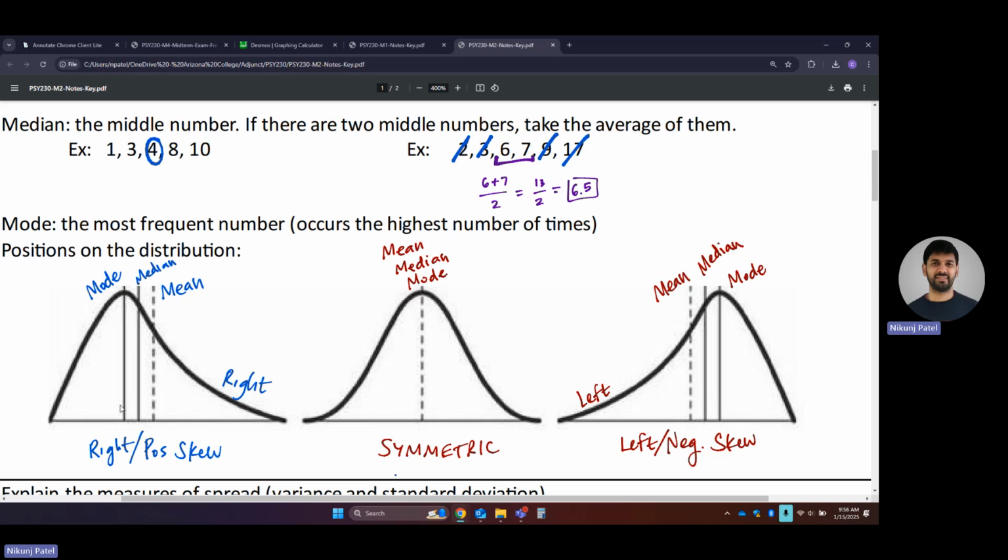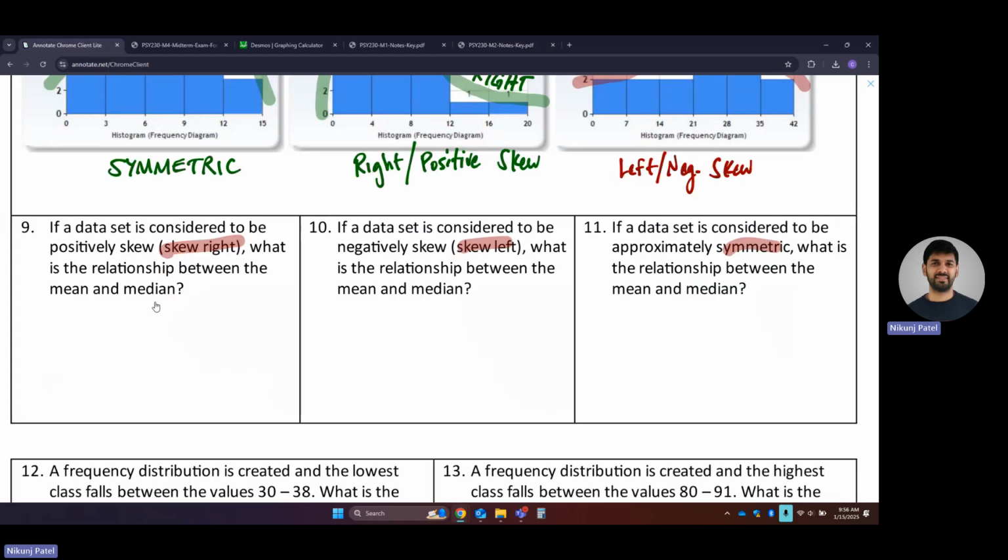That means the mode is the smallest number because it's closest to the left of this number line. The more left you are on the number line, the lower your value is, and the higher you go, the bigger your value gets. So the mode is smaller and the mean is bigger than that. And then the median is in between there.